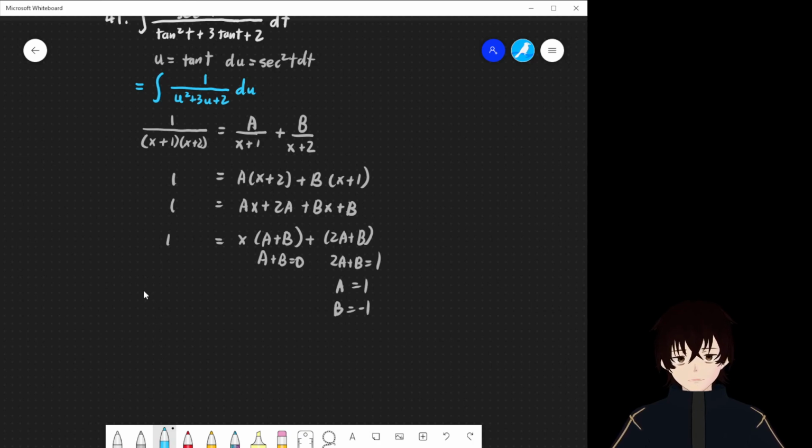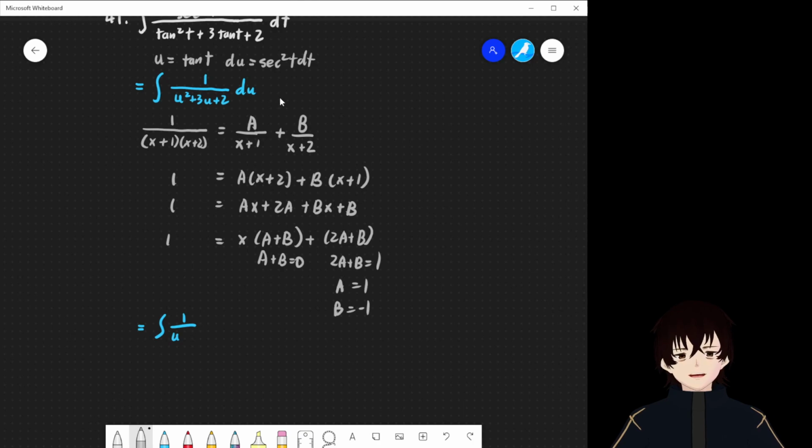Rewrite our integral. We get the integral of 1 over x plus 1 minus 1 over x plus 2. Not x, not x. This was supposed to be all u. Okay, we'll say here x equals u.